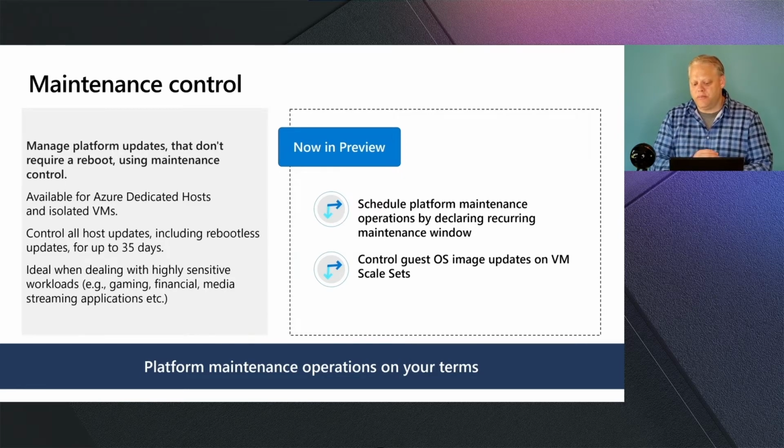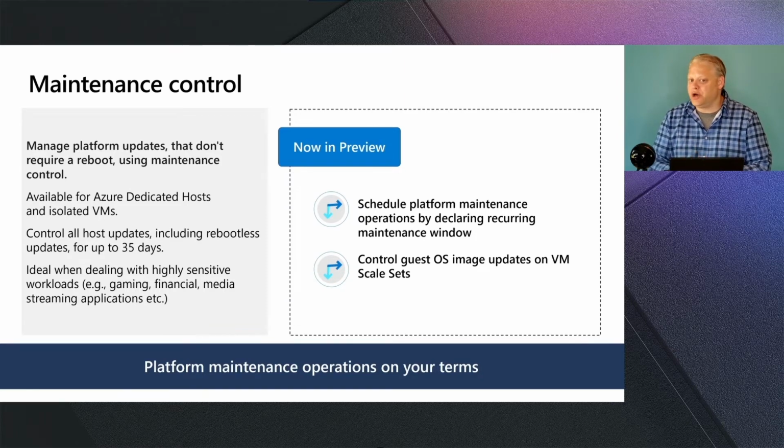So the scheduled maintenance allows you to define a window when you'd like your application to be updated, and then we will automatically, for those instances where you have full control, apply the platform updates as well as the guest updates inside that defined window.